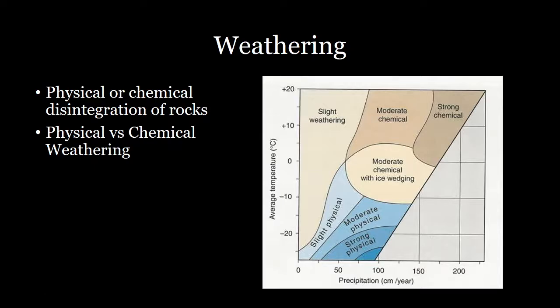Chemical weathering is the weathering process in which chemical reactions occur, whereas physical weathering is where some objects such as water or ice or wind, that's the material that's causing the weathering, and it's the physical action of that material that's breaking apart the rock.